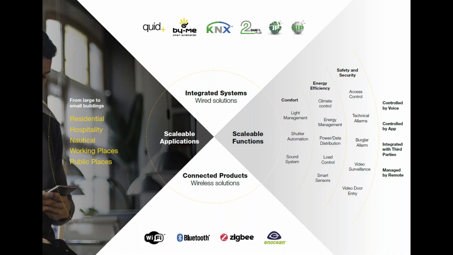This is a sort of summary about the functionalities we can do, the performances we can achieve, and also the way we can do it using a wired solution with the integrated system, with a wireless solution as well, in order to really fit all kinds of application, starting from the residential, hospitality, the hotels, the nautical, from boats and cruisers, working places like offices, and as well public places.